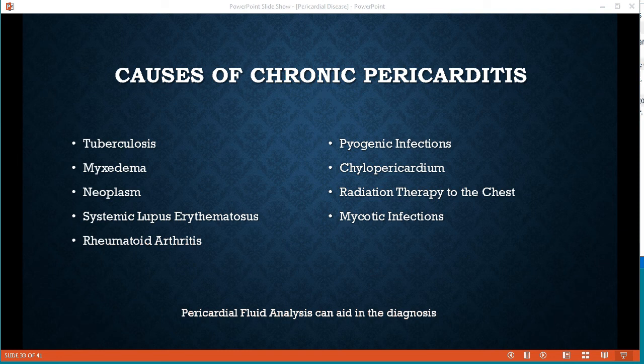Mycotic infections, tuberculosis. So these are different reasons, usually related to more chronic disease processes, that cause the pericarditis. And when you do a pericardiocentesis, if you have an effusion present, the pericardial fluid can actually help you diagnose this kind of problem.